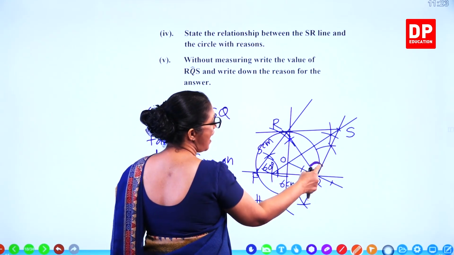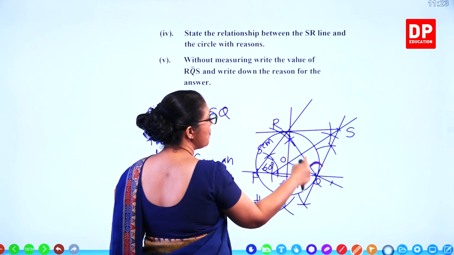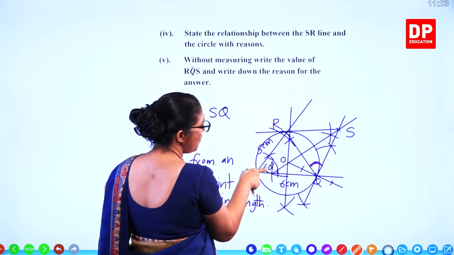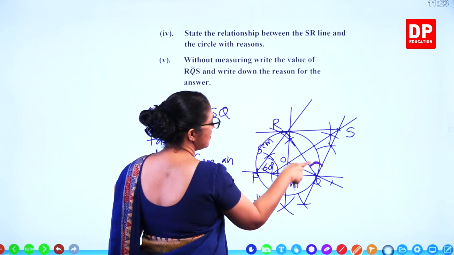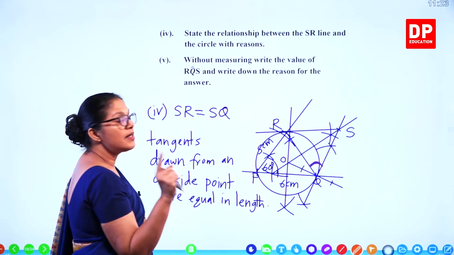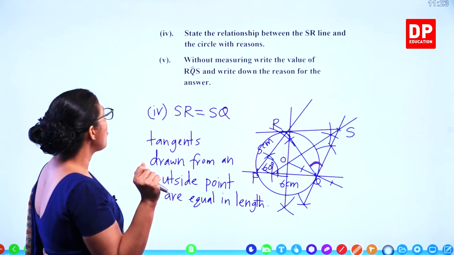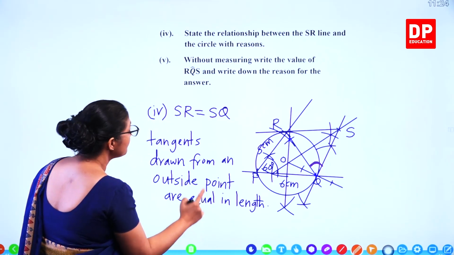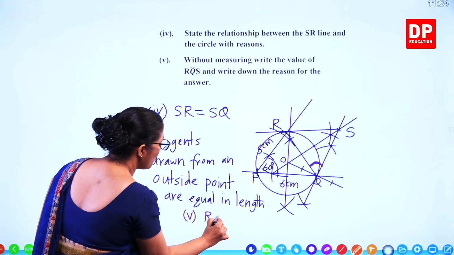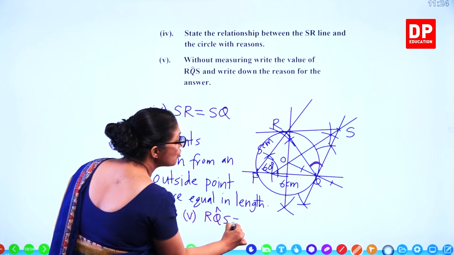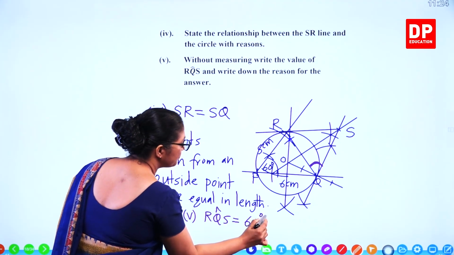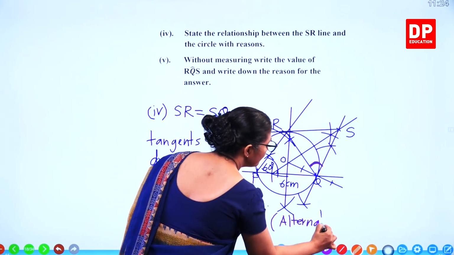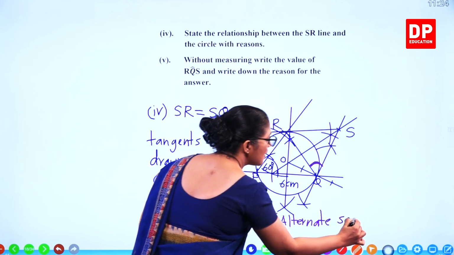This is the angle between the tangent and the RQ chord. That should be equal to this angle. Alternate segment theorem. So according to the alternate segment theorem, you can write down RQS is equal to 60 degrees. Alternate segment theorem.